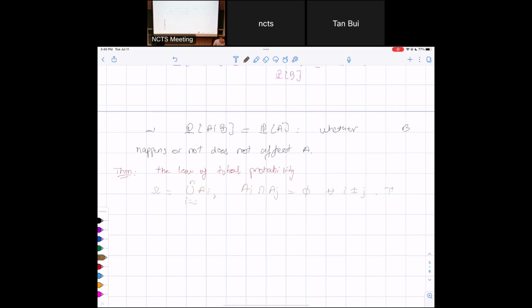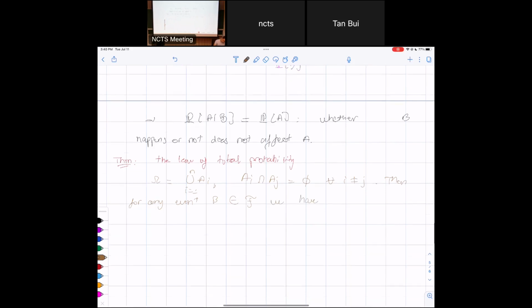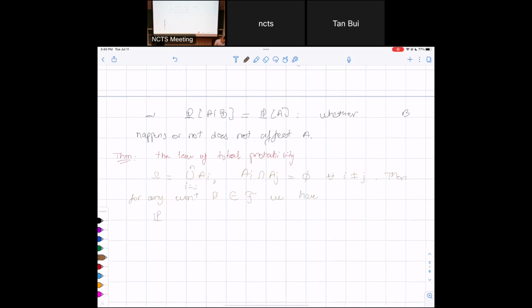Then for any event B in the sigma algebra we have the following: P of B is equal to the summation of the probability of the individual event A_i multiplied by the probability of B given that A_i has already happened, for i from 1 to n.